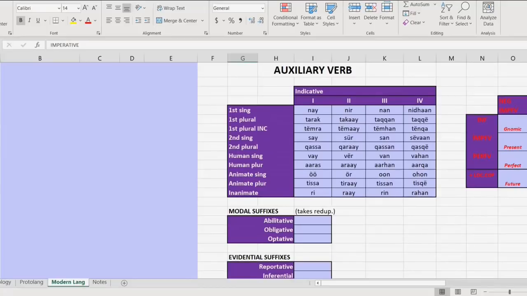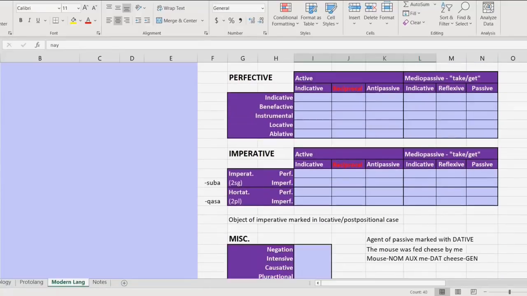So back in the day, every verb would have had person marking prefixes to mark for the subject, but these auxiliaries and the imperatives are the only ones left. And in order to keep that consistent, then the person marking on the imperative would have to be a prefix.